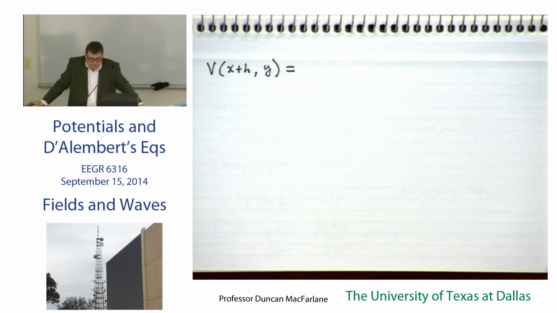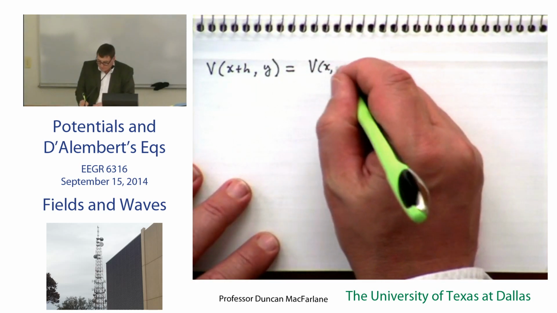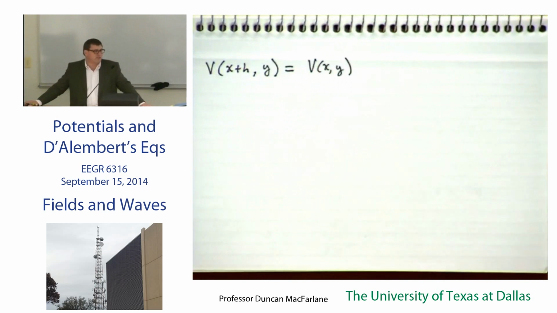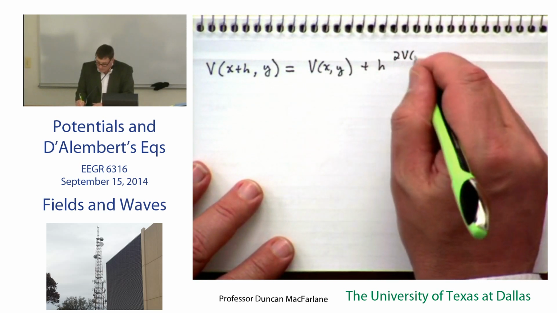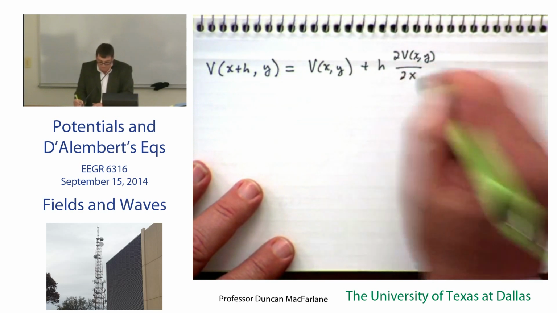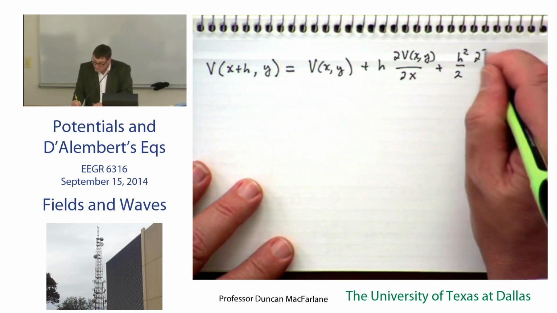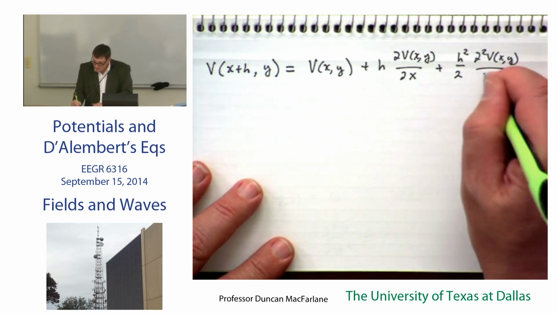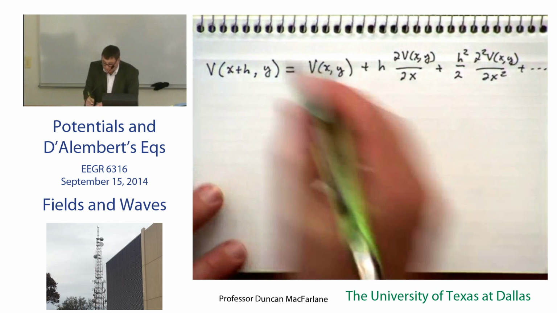So I'm going to say, what is V of x plus h, comma y? And I'm going to write this as a Taylor series. So it's going to equal whatever the voltage is at x and y, so this is a Taylor series.